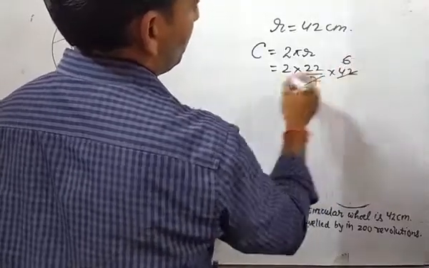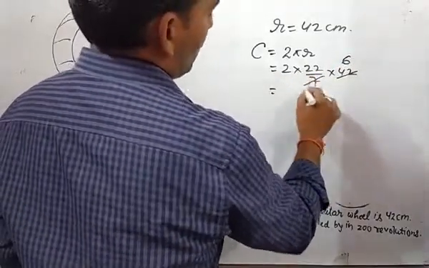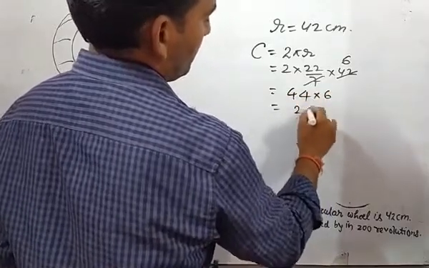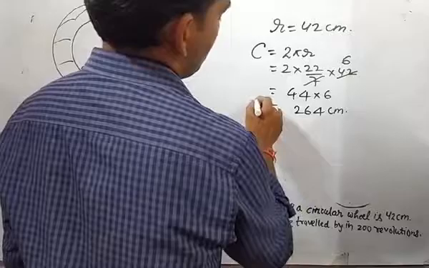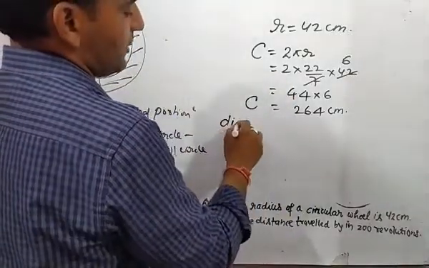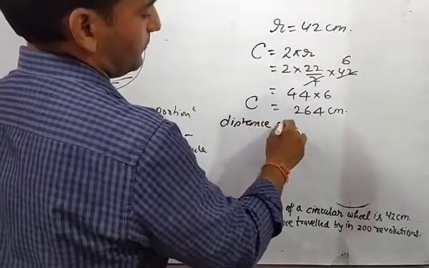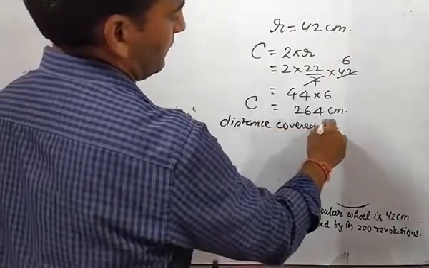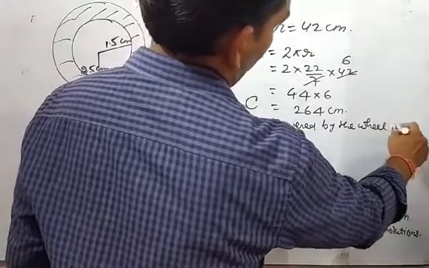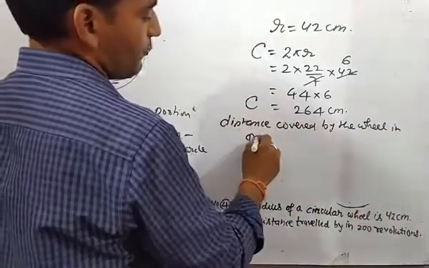7 6s are 42. So 2 2s are 4, 2 2s are 4 multiplied by 6. 264 centimeter is the circumference, and this is nothing but the distance covered by the wheel in one revolution.